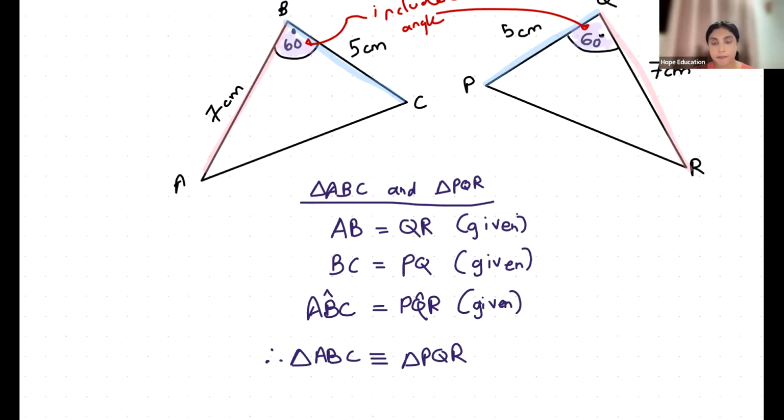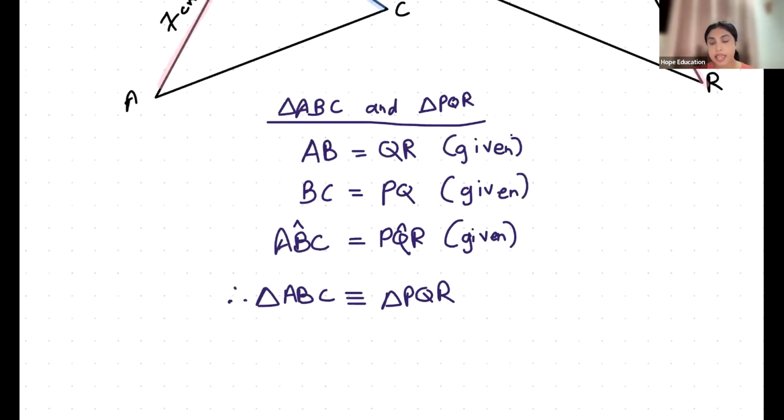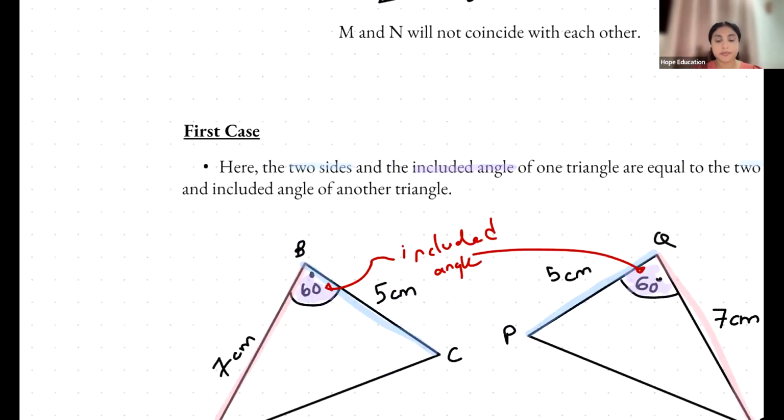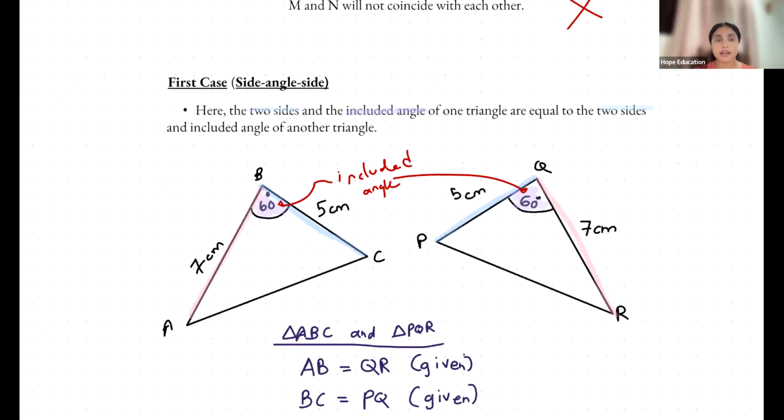So I say SAS. SAS means side angle side. Therefore, I also call this case side angle side. Why do I call it side angle side? This side is equal to this side, this side is equal to this side, and this angle is equal to this angle.